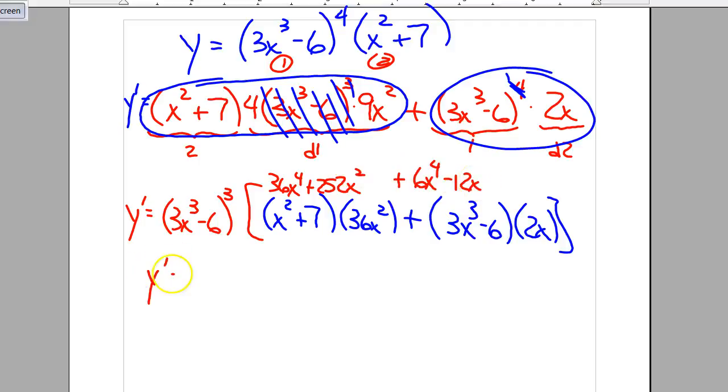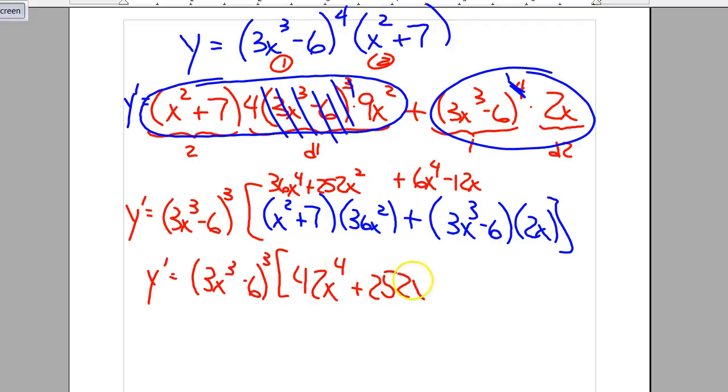So you have this, and then 42x to the fourth plus 252x squared minus 12x. How many have that? Questions on it? Where'd you get this from? I guess I'm different here.